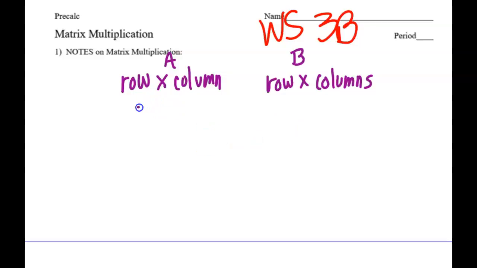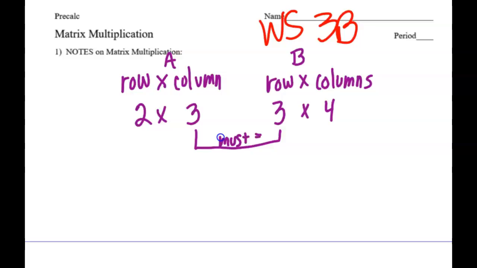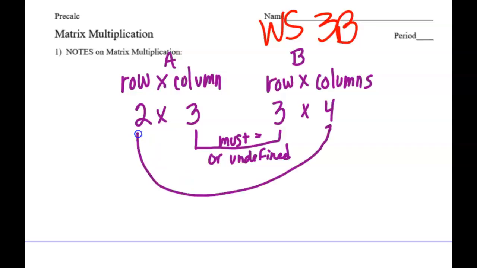For example, like a 2 by 3 times a 3 by 4. These must be equal, or it's undefined. And your answer will be this size.